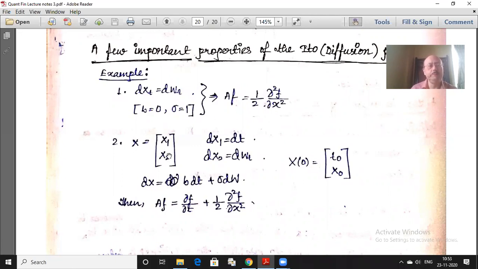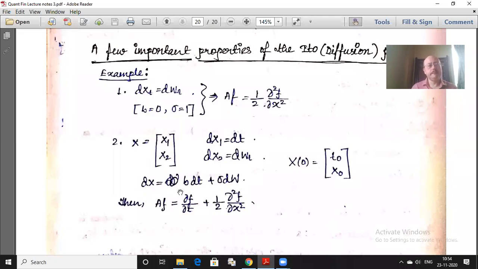A second example. As I said, we can always extend the Ito diffusion and Ito integral definitions to more than one dimension. So this is just one small example of such a two-dimensional situation. If I think of X as consisting of two components, X1 and X2, where X1 is driven by only a trend, so there is no randomness in X1, you can think of X1 as the bank process, and X2 is pure diffusion, dX2 is dW_t.